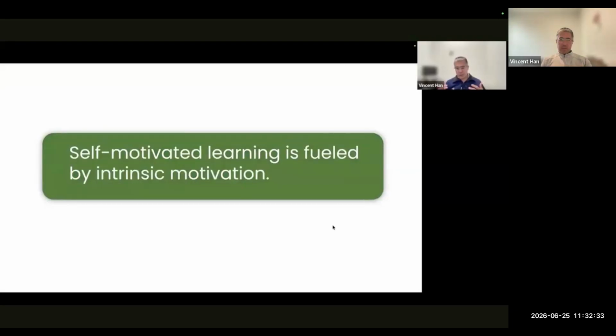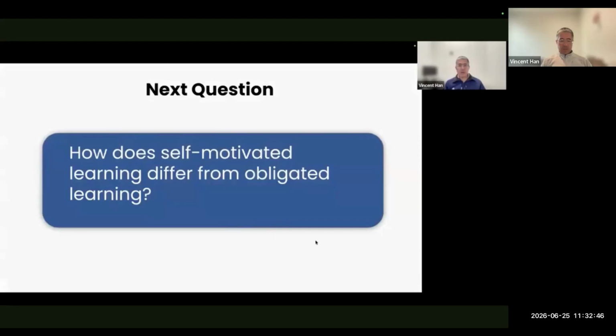And the point with that reflection is that self-motivated learning is fueled by some intrinsic motivation. There's some reason, there's a why that is driving your interest in learning whatever you're learning. And there's a difference between self-motivated learning and obligated learning.